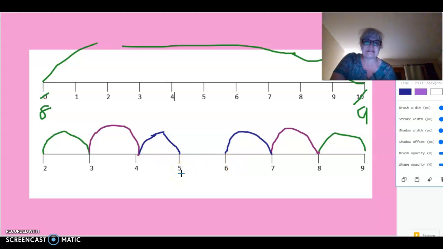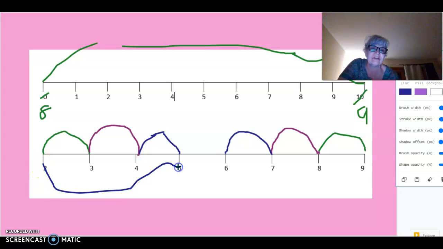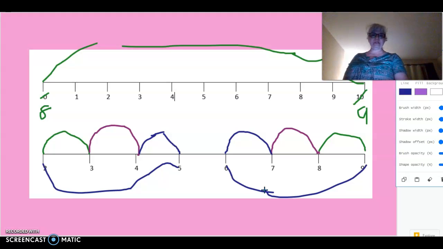So it's going to take the same exact amount of time for her to count from 2 to 5 as it will for the other young lady to count from 9 to 6, because we've got 3 numbers in each that they're counting from with 10 steps in between each one. So if there are 10 steps, can we divide 10 evenly in half? And the answer is yes, we can.